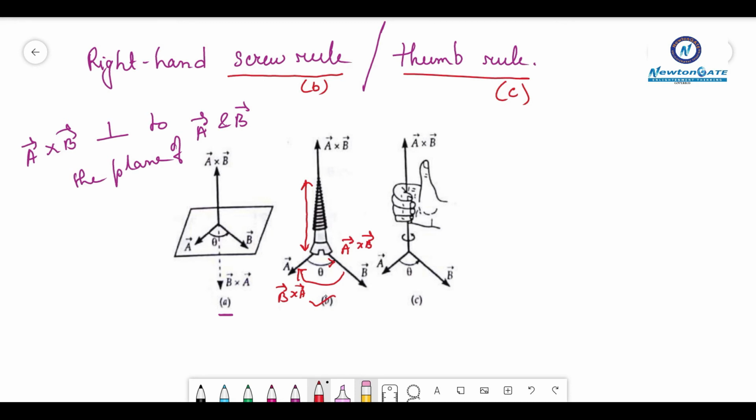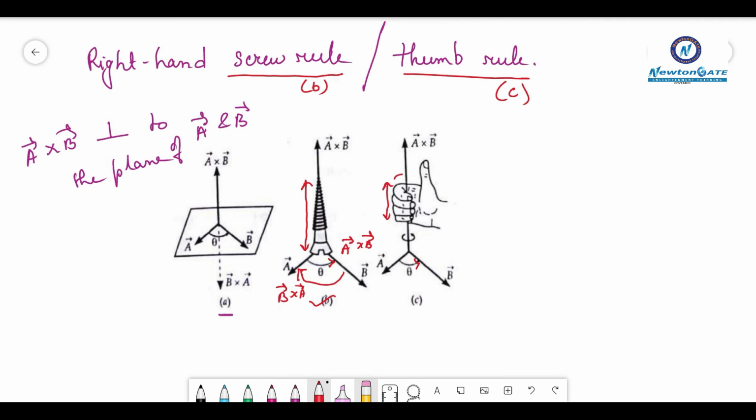Now let's see what the right hand thumb rule is. The right hand thumb rule is similar to the screw rule. Again you can see the direction here. So when it is A cross B and it is going from A to B, the fingers will point towards the direction of theta.